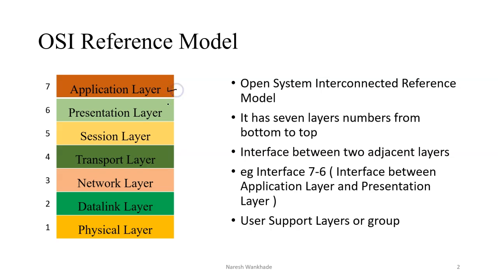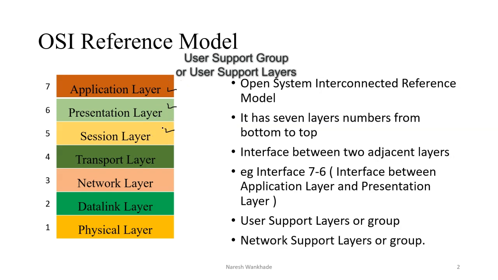Here application layer, presentation layer and session layer are known as user support layers, or group of these three is known as user support group. Means user interacts with this group, that's why this group or these three layers are known as user support layers.